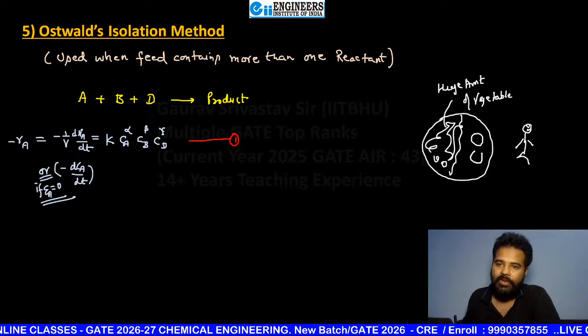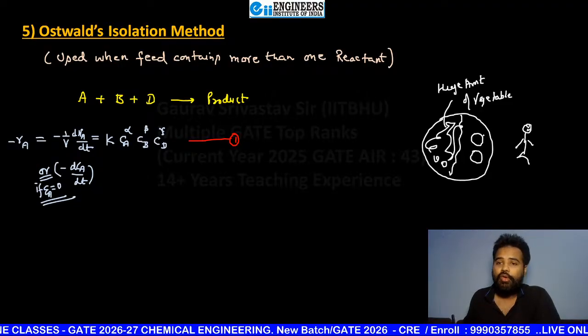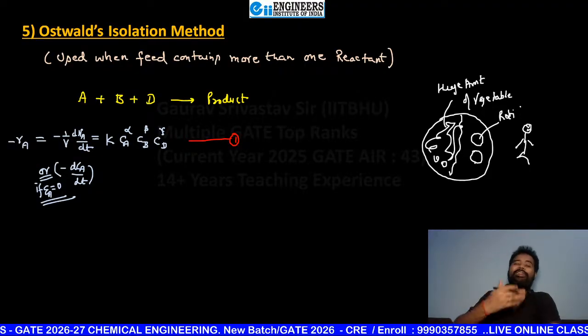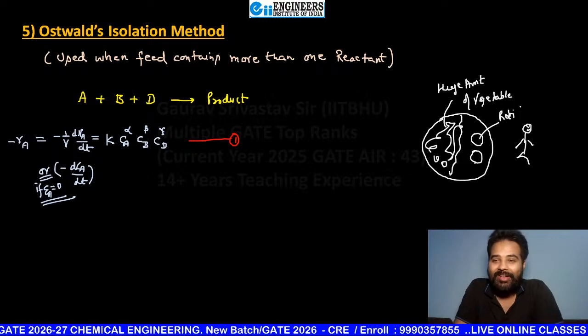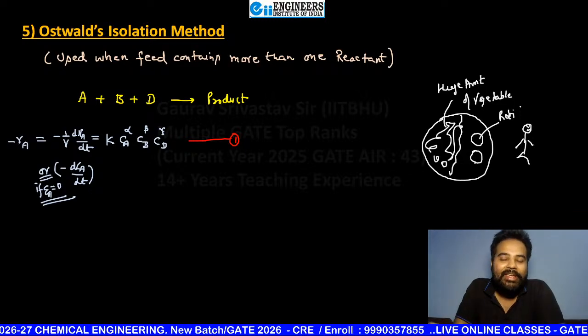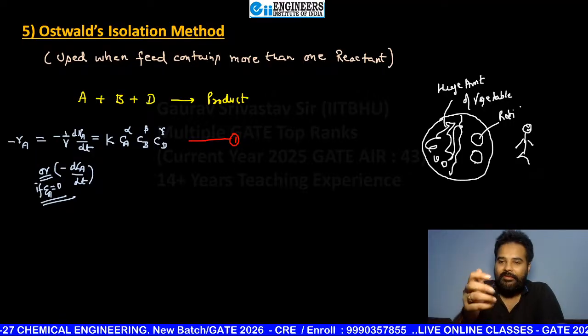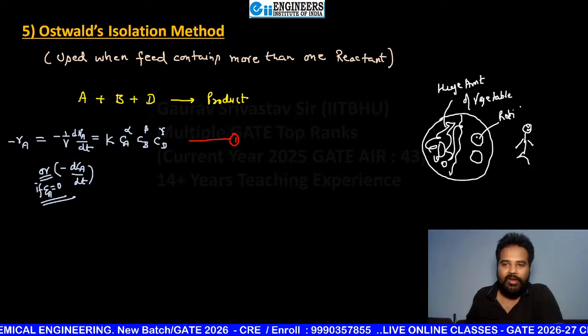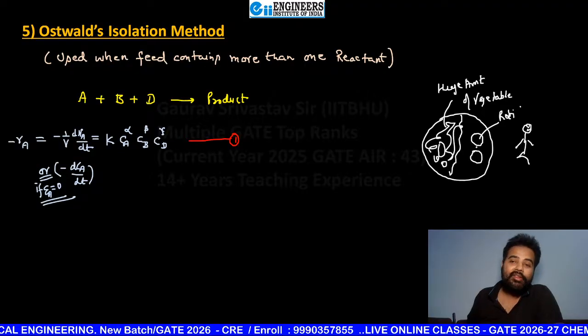In Hindi you can say roti, chapati, or you can say butter naan, lacha paratha. Now when you start taking your food, if I increase some more vegetable here, will it affect your rate of taking this roti?